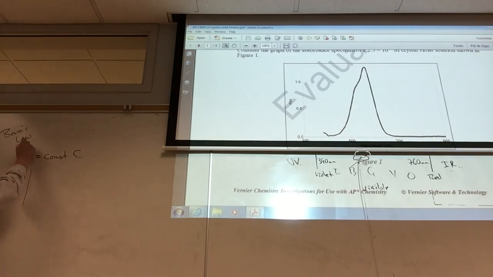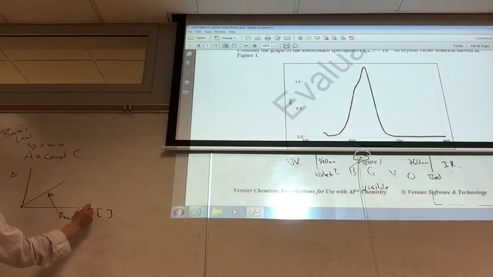In other words, this is y equals mx. And so when I plot this, I should have a straight line with an intercept of 0. This is Beer's law. And I plot absorbance versus concentration here.